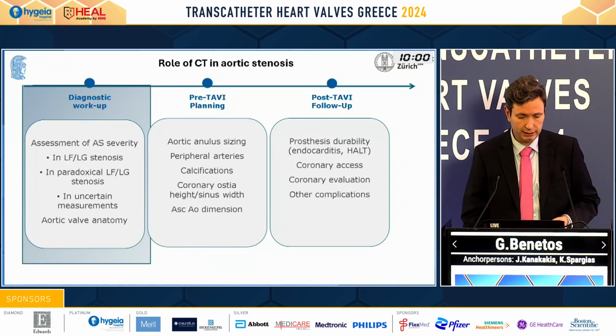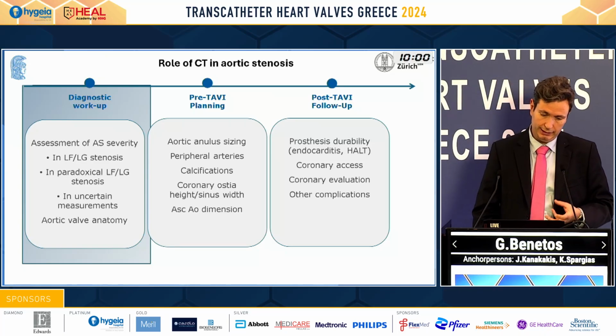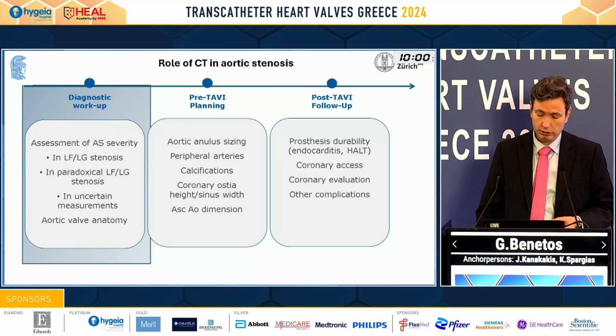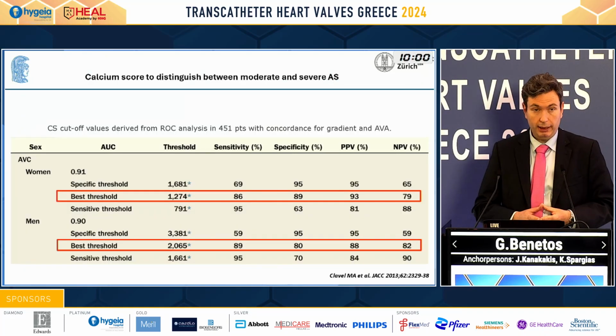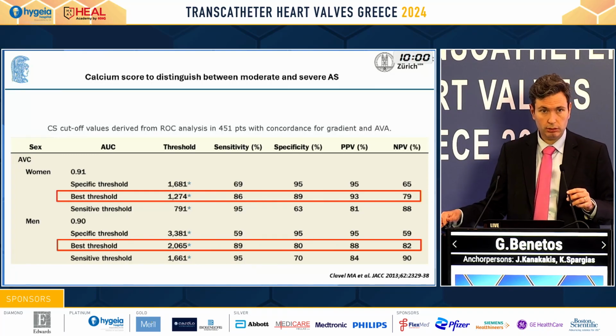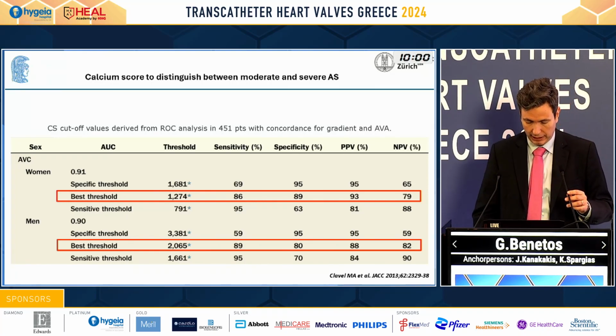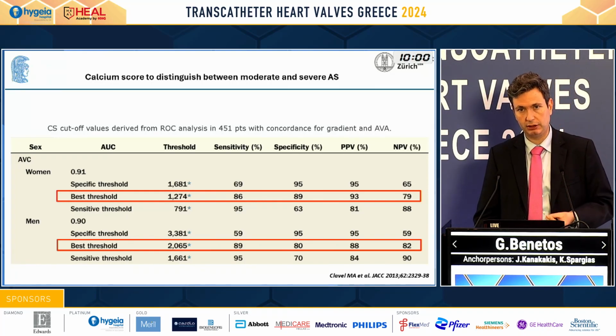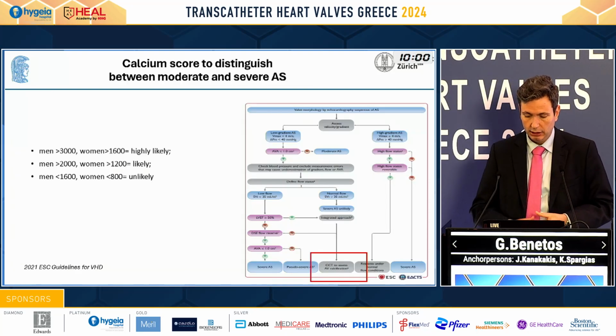Some aspects regarding the role of CT in the diagnostic workup have already been mentioned by the previous speaker. I would like to emphasize the role of the calcium score in cases of aortic stenosis where the severity was not resolved.